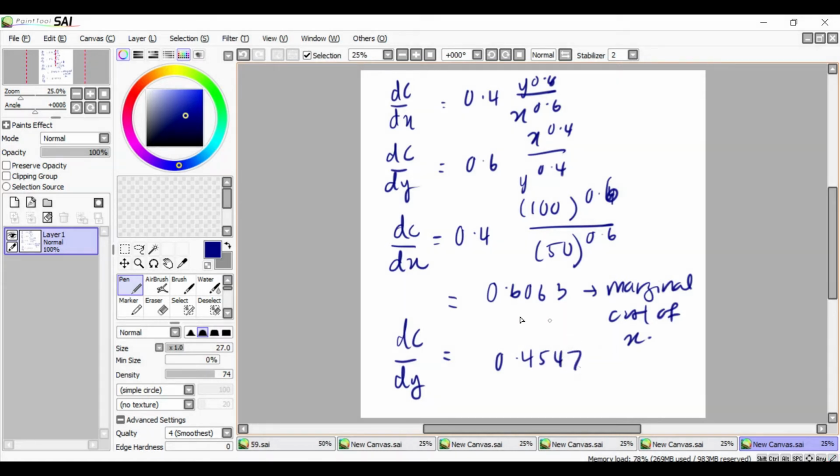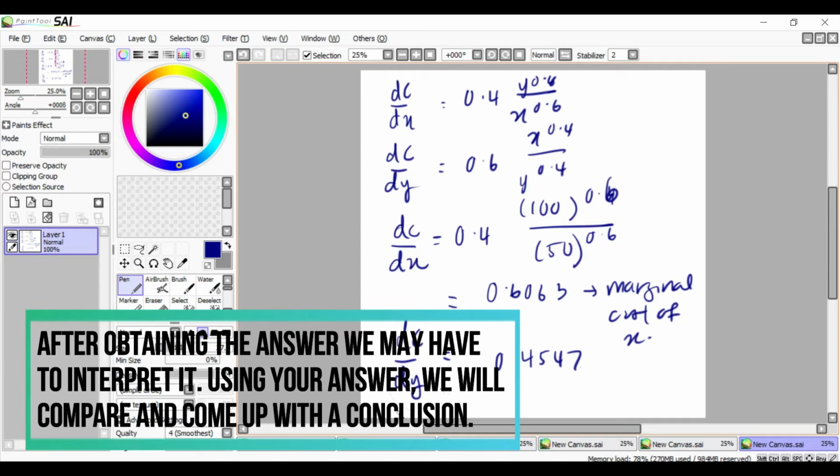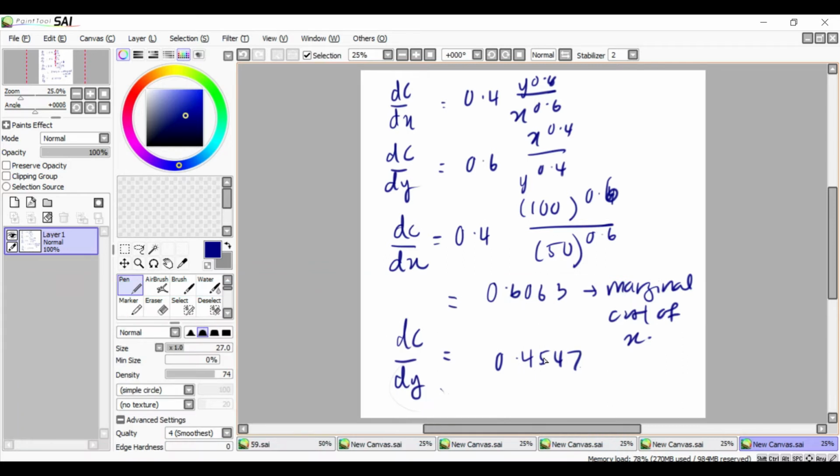So we can see that the marginal cost of y is lower than x. If the question asks your opinion, like whether they should make more of y or x, then we could say they could make more of y because it has a lower cost associated with the product.